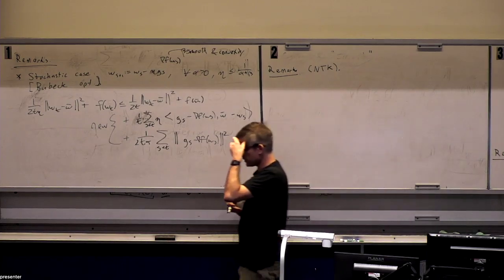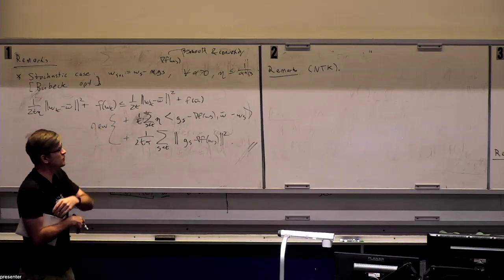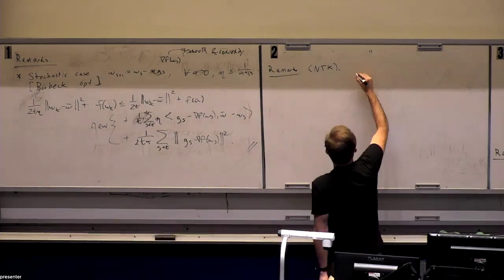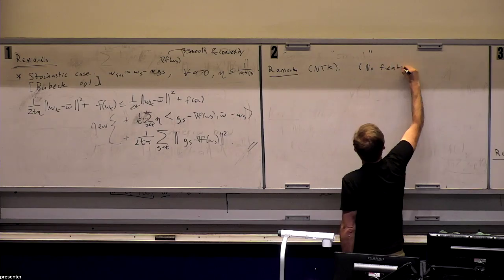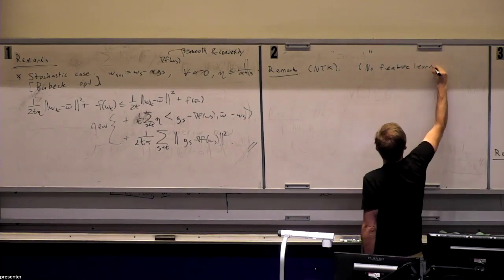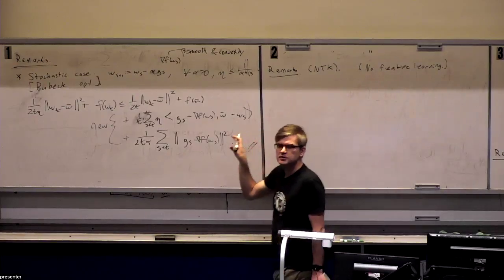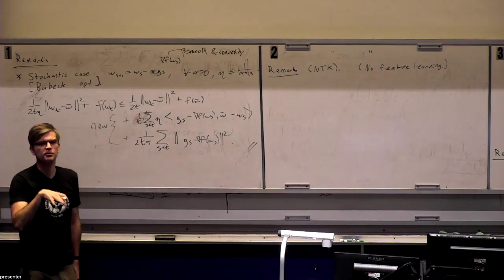Okay, this is a loaded statement. So okay, we have two general tools. I'll just be polite. One is the NTK and the other one is the mean field analysis. The NTK is kind of the opposite of feature learning. So no feature learning, and I'll explain that. However, in my personal taste, it's very nice because it's very easy to do this analysis and it's very quick to get a baseline that you can compare against.